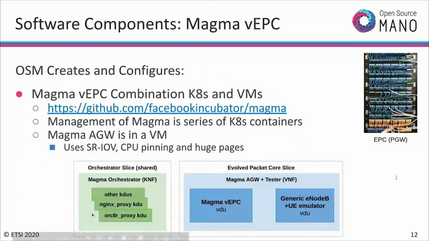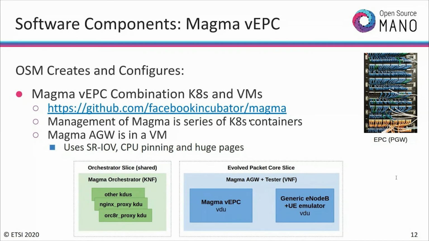The Magma vEPC is a combination, as I mentioned earlier, of Kubernetes and virtual machines. So this example has chosen Magma as the vEPC. There's the URL for it. These slides, as Sylvia mentioned, are available as well on the OSM FTP site.